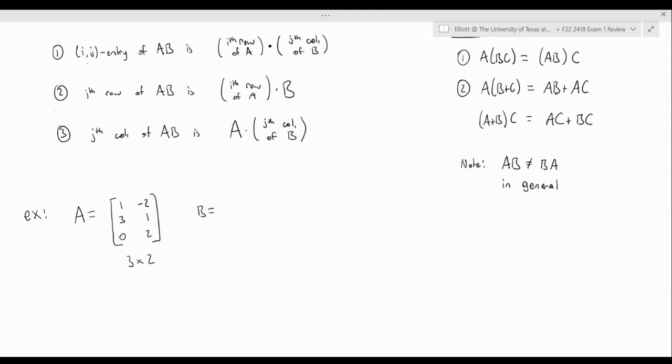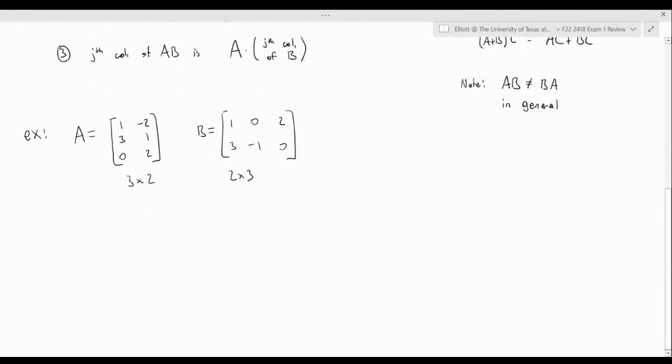Let's take another matrix, we'll call it B. Let's say B is 2x3: 1, 0, 2, 3, -1, 0. So if I want to multiply A times B.